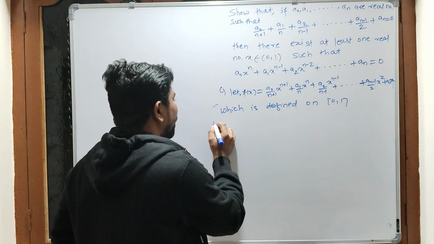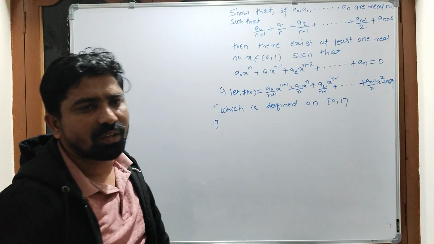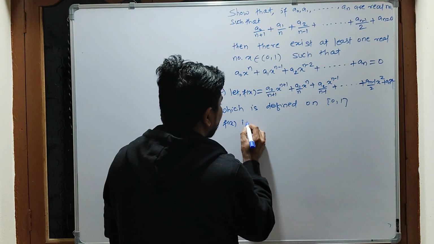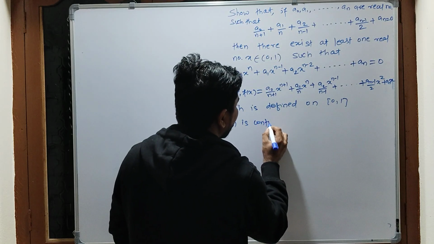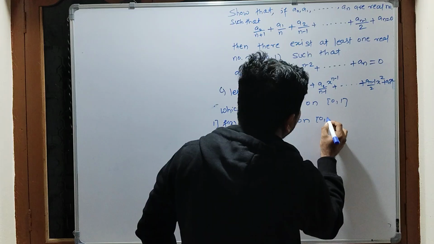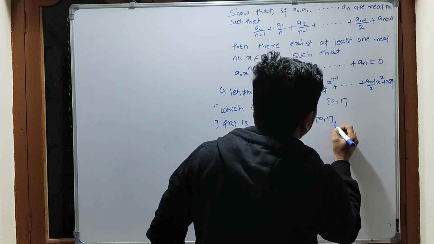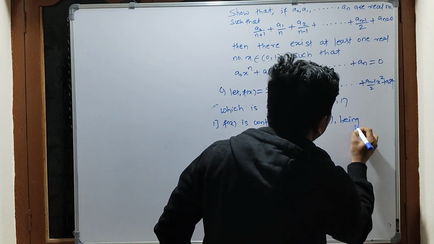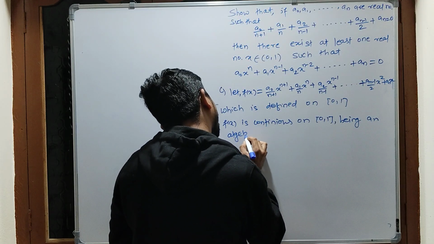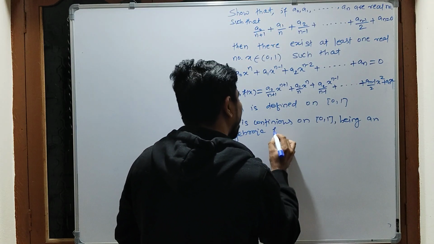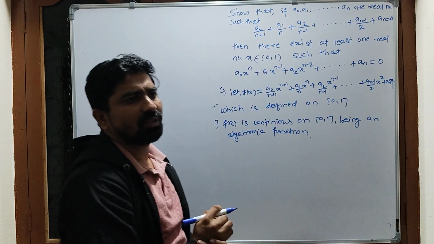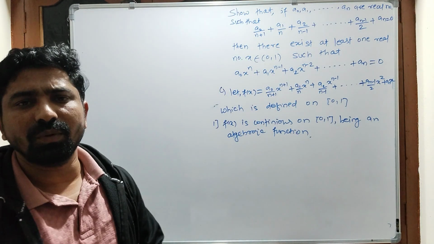So f of x is continuous on the closed interval, being an algebraic function. So the first condition of Rolle's theorem is satisfied.